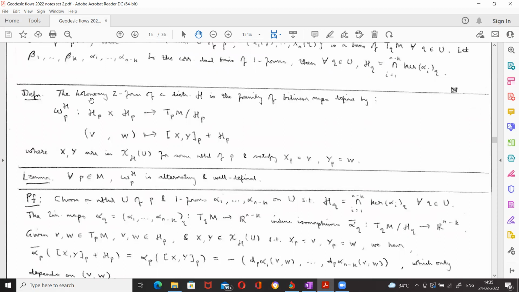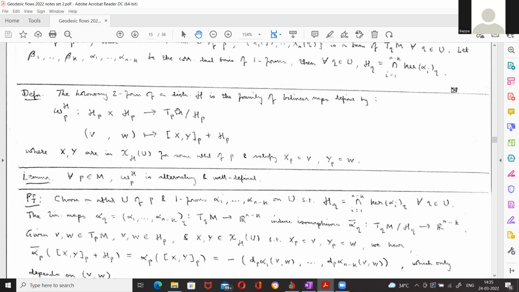So we defined this alternating bilinear map called the holonomy 2 form of a distribution, right? It was a family of bilinear maps for each point P in the manifold, from HP cross HP to the quotient space TPM mod HP, the complement of HP.